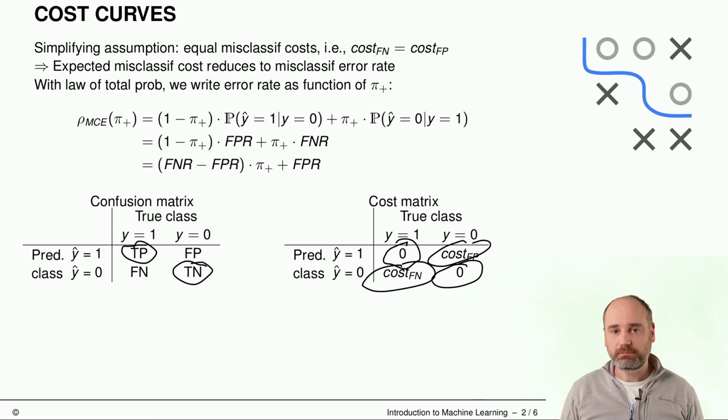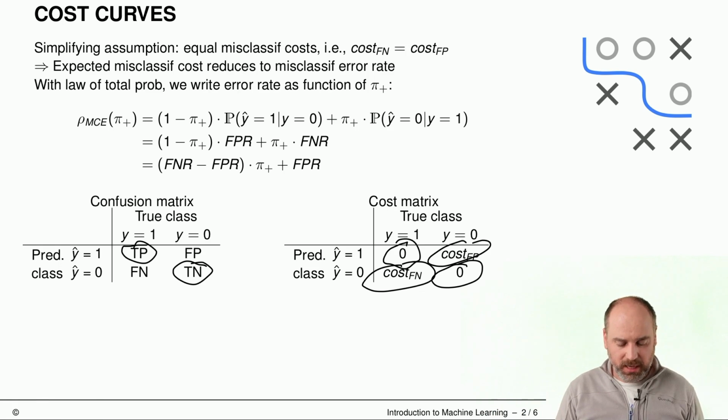Obviously if these two numbers are equal, then we are basically back to just measuring misclassification costs up to a constant, and about this constant we usually don't care in optimization, or we can easily rescale it back to misclassification costs, right? So this is misclassification costs up to a constant.